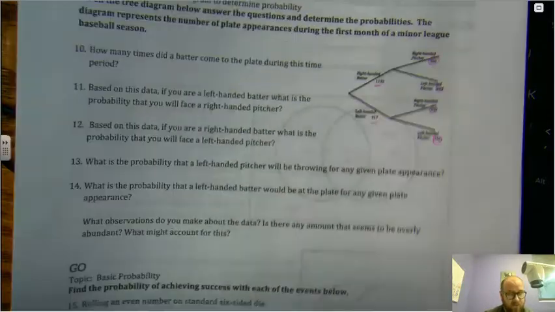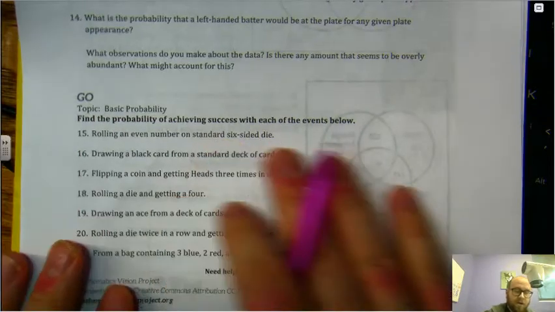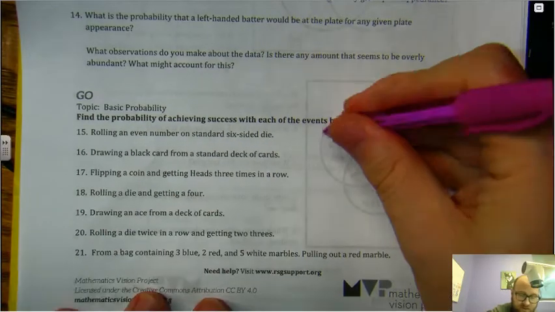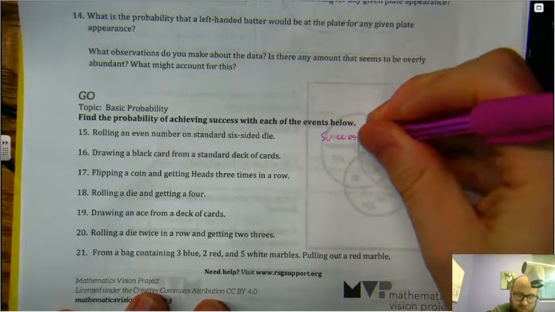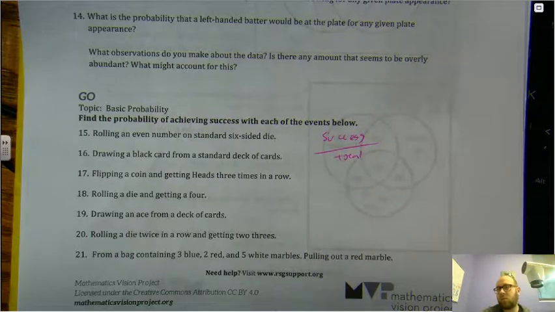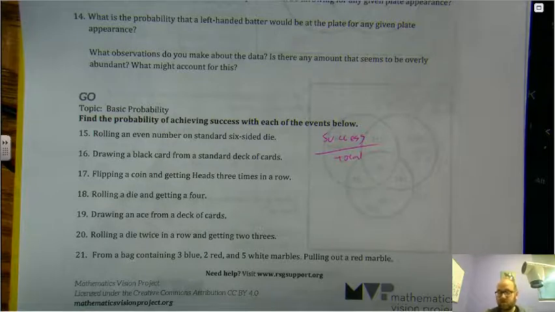And then finally, we're going to do some basic probability. What you're going to have to do is figure out the success rate, and you're going to have to put that over the total. All right. So when it asks, for example, what is the success rate of rolling an even number on a standard six-sided die? Well, we're going to have to look at six-sided dice, right?